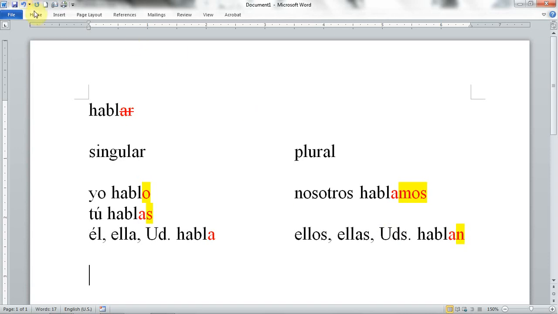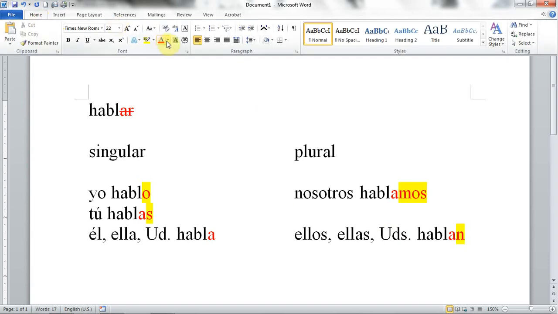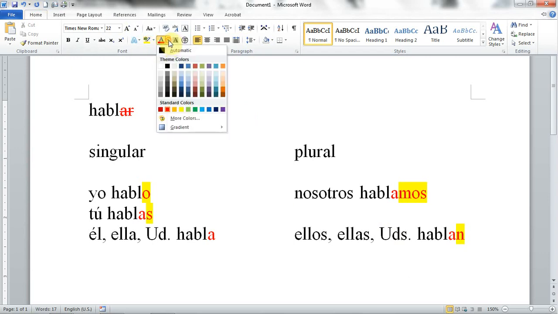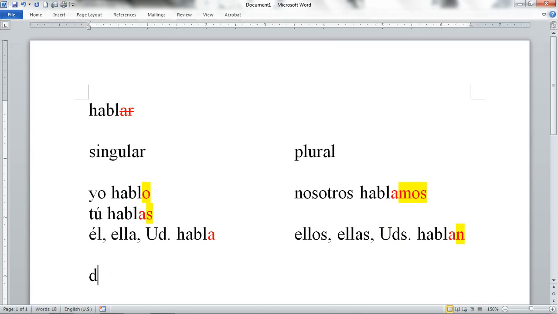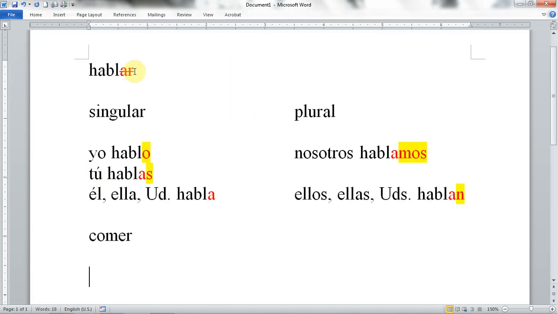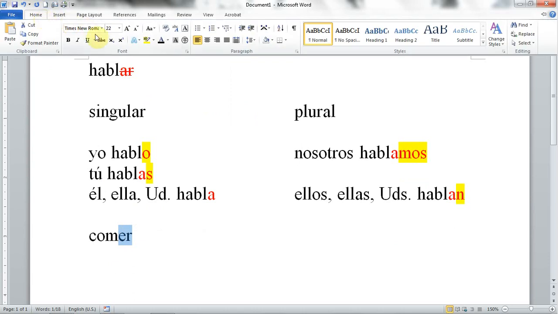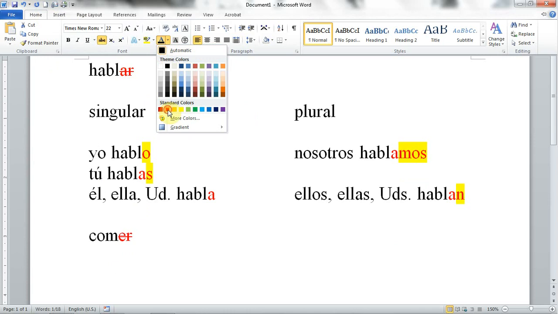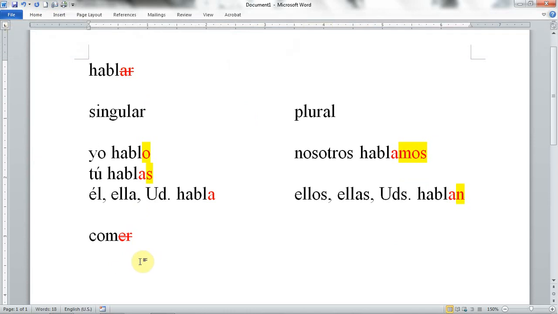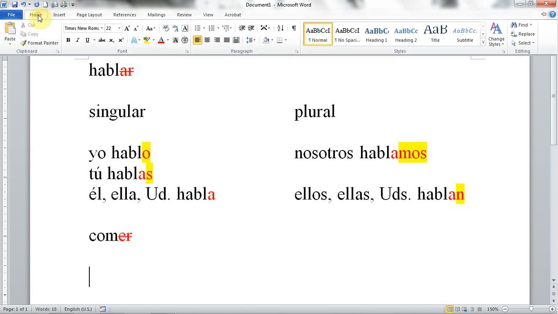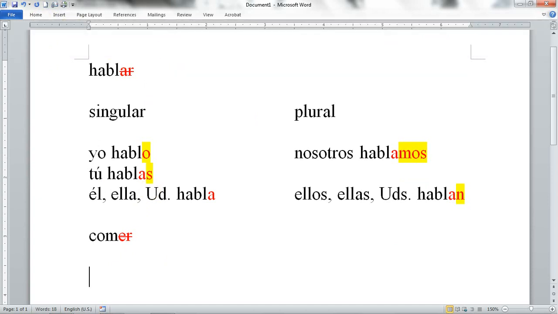Now, let's look at comer. So the same thing here. We're going to take off ER. Okay. And let me write just com first.